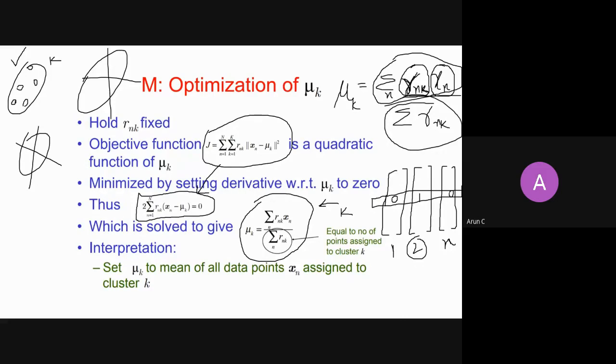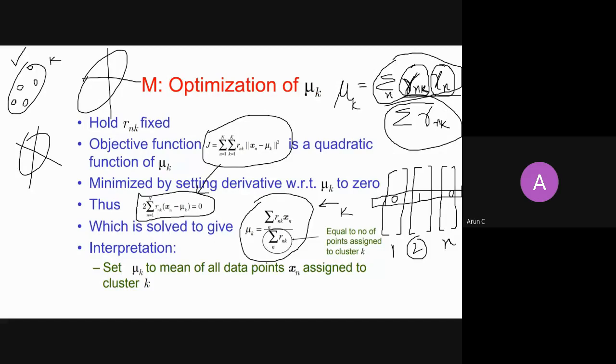What does this mean? Can anybody tell me? You are summing all r_nk. What does this mean? Sum of samples in the kth cluster. No, it is not the sum of samples, it is the number of samples in the kth cluster.